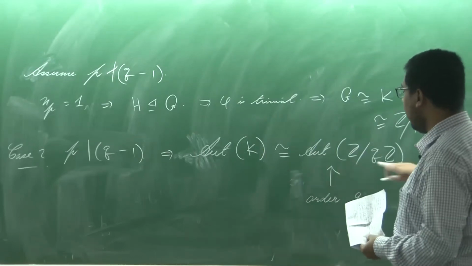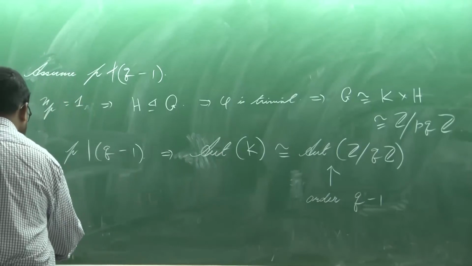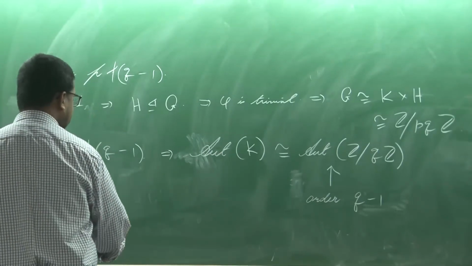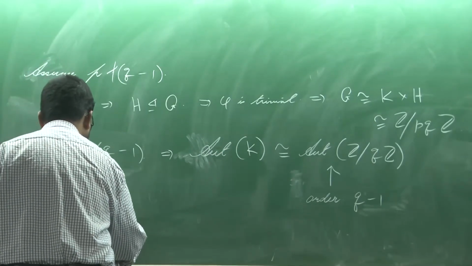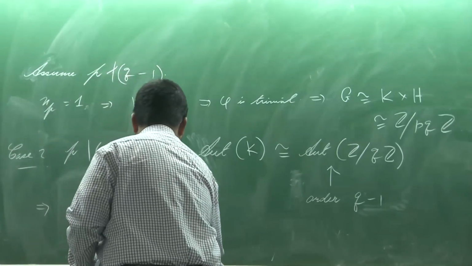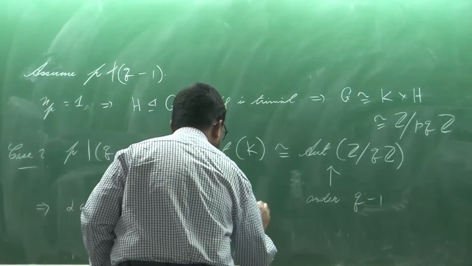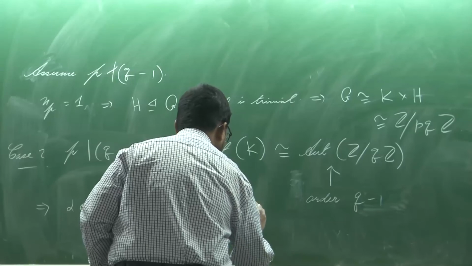Therefore there exists an automorphism alpha in Aut K of order p.